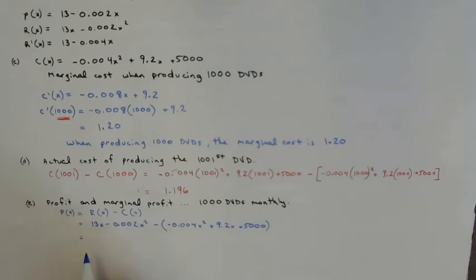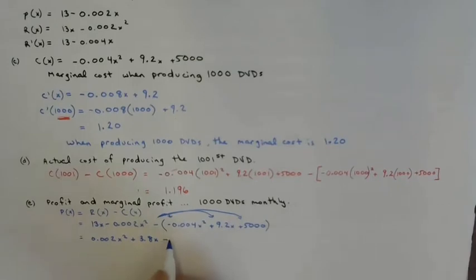And when we simplify that, again, this becomes positive, this becomes negative, this becomes negative. We end up with 0.002x squared plus 3.8x minus 5,000.